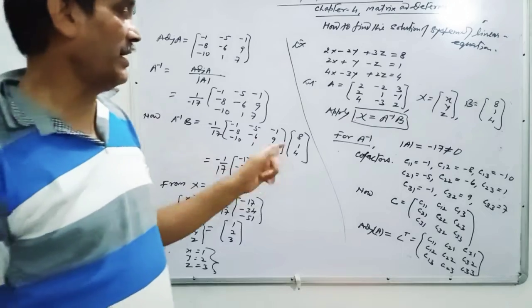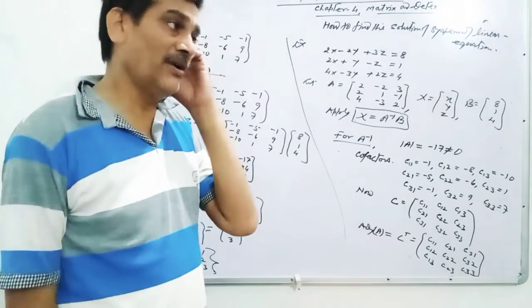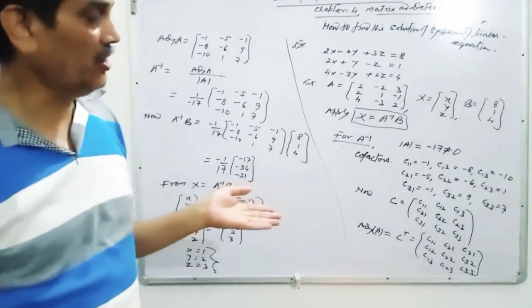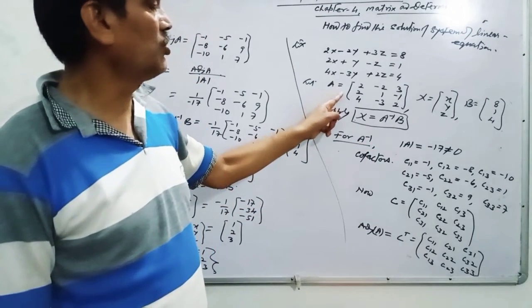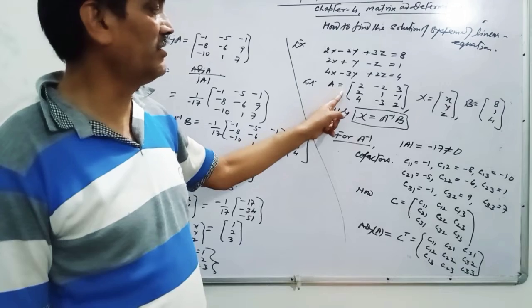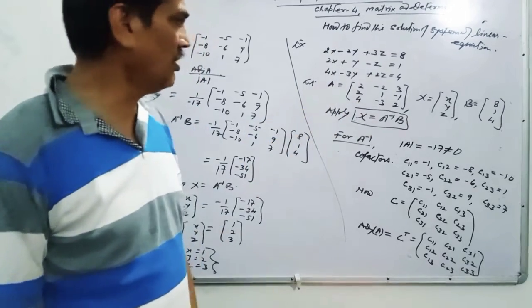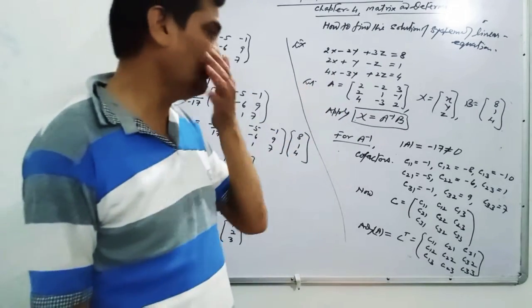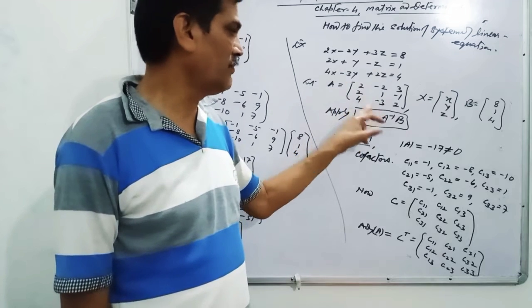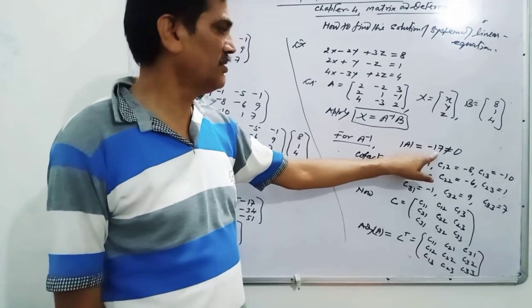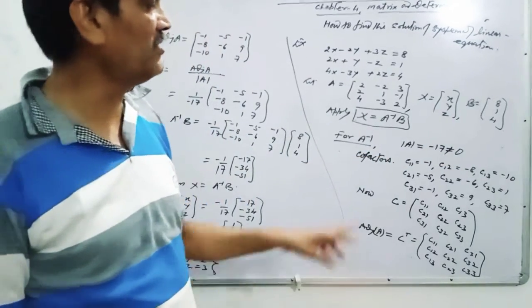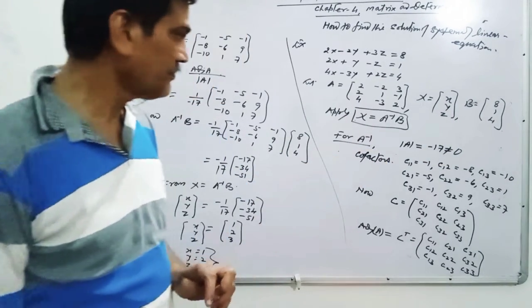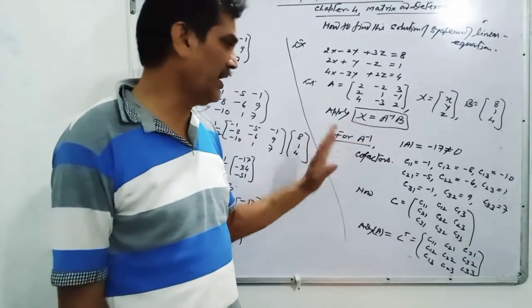Now, for A inverse, first you will determine the value of determinant A, whether it is singular or non-singular. To find the determinant of A, expand the matrix; you can easily find it. After expanding, you will get -17. Determinant of A is not equal to 0, meaning it is a non-singular matrix, meaning a solution exists.